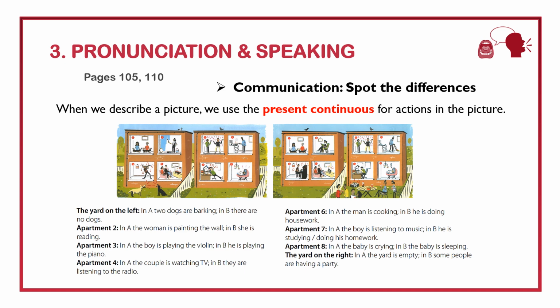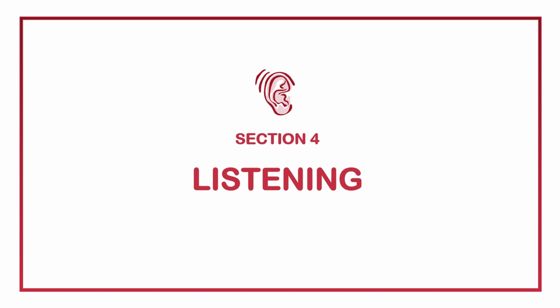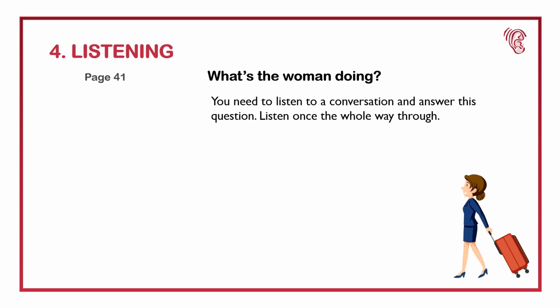Apartment 8, in A, the baby is crying, in B, the baby is sleeping. And finally, the yard on the right, in A, the yard is empty, but in B, some people are having a party. Section 4, listening.